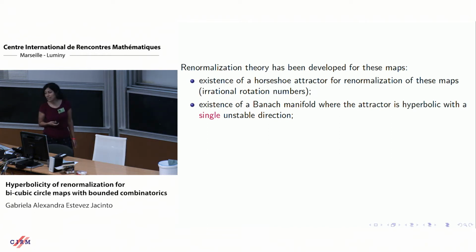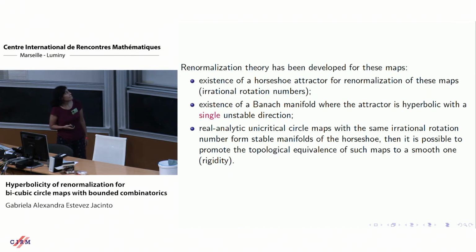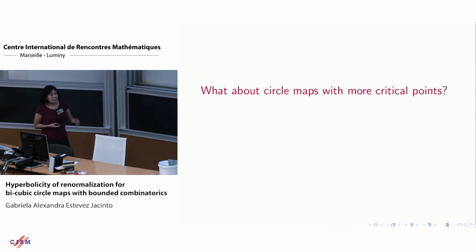There is also a Banach manifold where the attractor is hyperbolic with a single unstable direction. These real analytic unicritical maps with the same irrational rotation number form an unstable manifold of the horseshoe. Then it's possible to upgrade the topological conjugacy given by Yoccoz's theorem to a smooth one. This is what we call rigidity. This is done for one critical point, cubic.